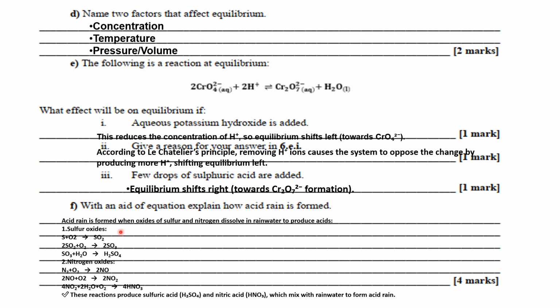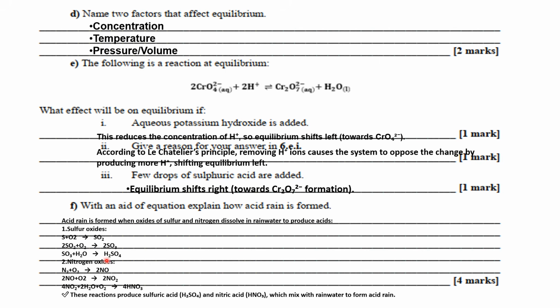All right, so we shall use two examples here of sulfur and nitrogen, leading to formation of acid rain. For marks, acid rain is formed when oxides of sulfur and nitrogen dissolve in rainwater to produce acids. We shall dwell on sulfur, then later on the acids.